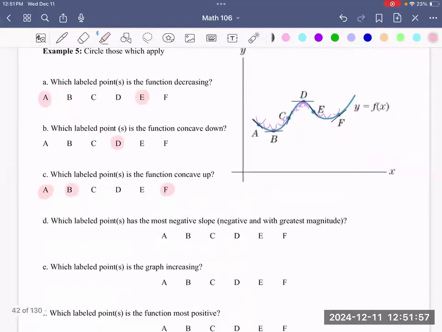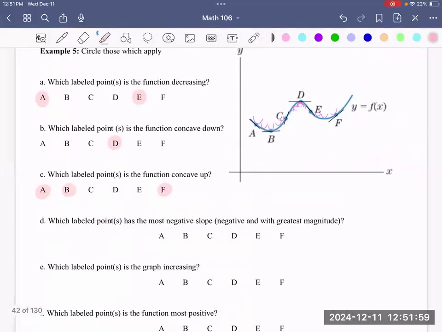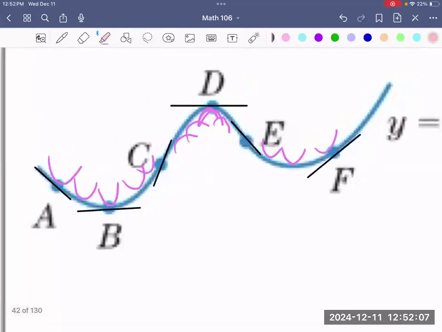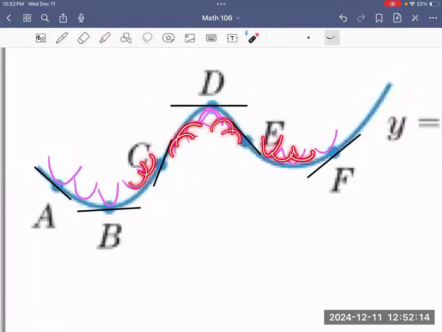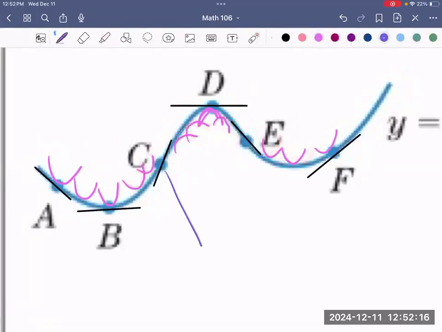Notice that I didn't say at E because C and E are actually something more impressive, right? What's going on at C and E? Well, it looks like we've went from a concave up to then a concave down, or a concave down to then a concave up. These are your inflection points. What about B and D?